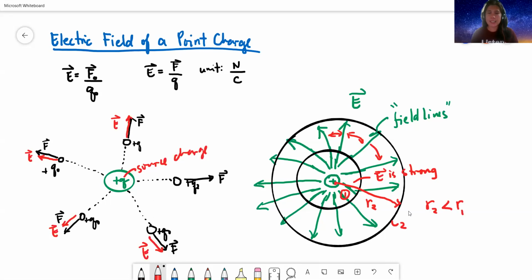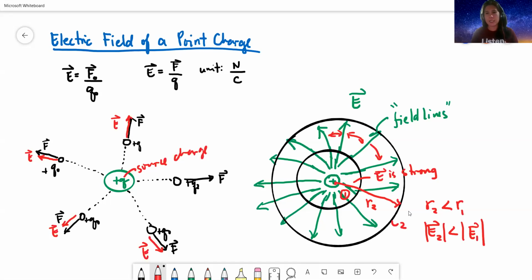The field lines are farther from one another, so it's like fewer field lines in a certain volume. We have a lower field density here. So the magnitude of the electric field in sphere 2 is also less than the magnitude of the field in sphere 1.